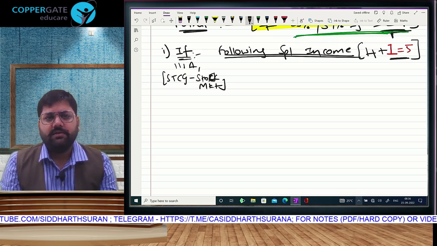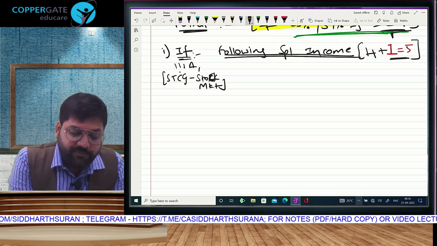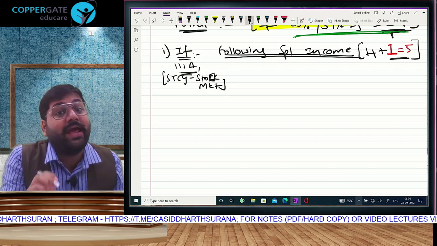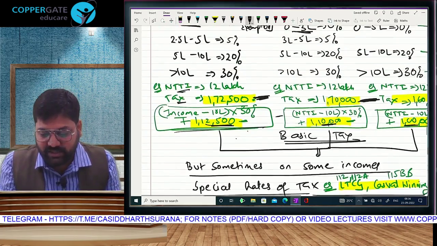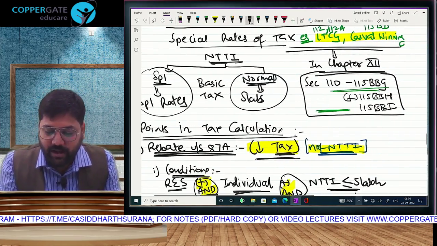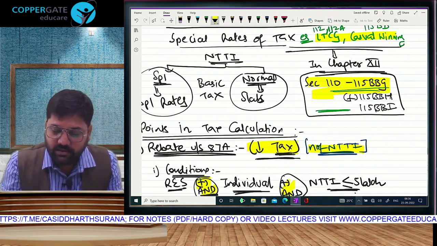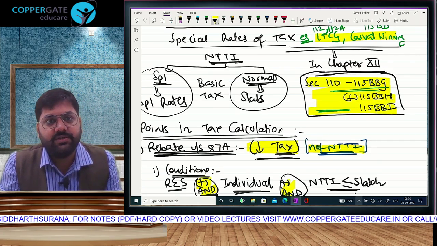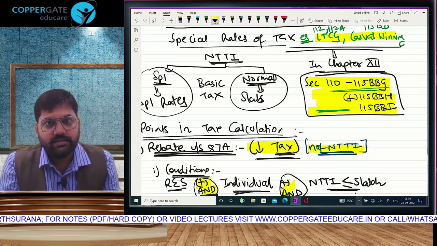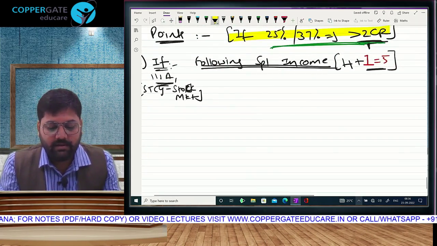There is a section. And this section falls in chapter 12. At least that you will agree. I would like to remind you, this is what I did today only. Chapter 12 is this range. Can you see this range? Does 111A fall in this range? Yes. Short-term capital gain 111A.